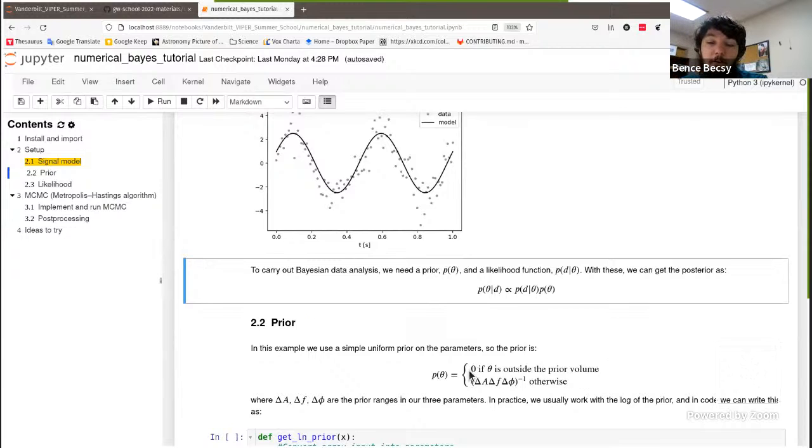So it will be 0 if the parameter value is outside the prior volume. That will restrict these parameters to some range. And if it is within the prior volume, then in order to be normalized, this will be just 1 over the parameter ranges in all three of these parameters.